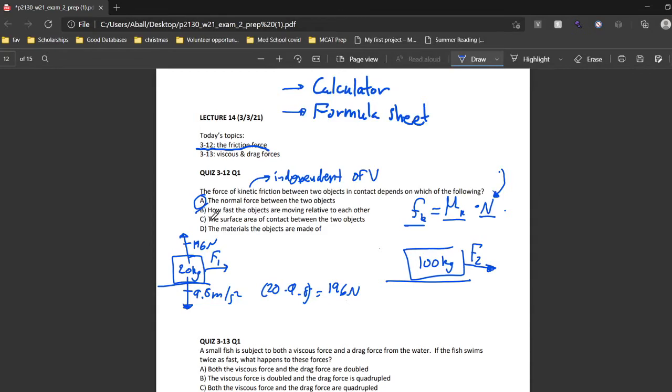So part C here says the surface area of contact between two objects. If you have it nearby, I want you to grab a tissue box. And I want you to push it across your desk with the longest side down, and then push it on your desk with the stubbiest, shortest side down.